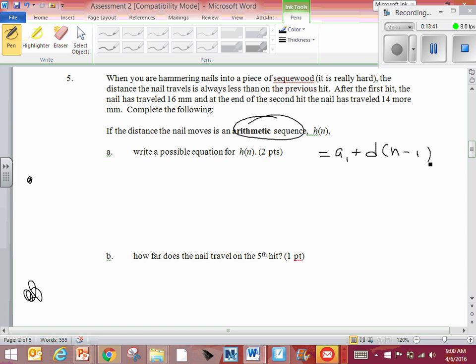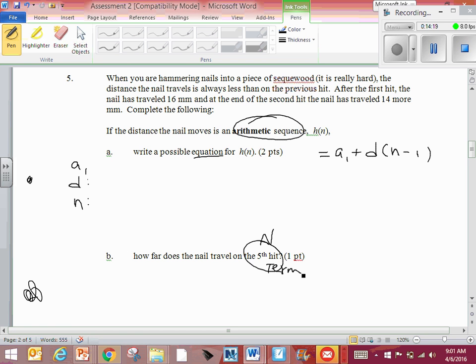I know I'm asking A sub 1. I need to know what a D is, and I need to know what my N is. In this particular situation where we just write the equation, we won't know our N for A. But for B, when they tell me about the 5th hit, here we're going to put a big N, and under hit, we're going to put term. So it reminds you of what we did on that other sheet.